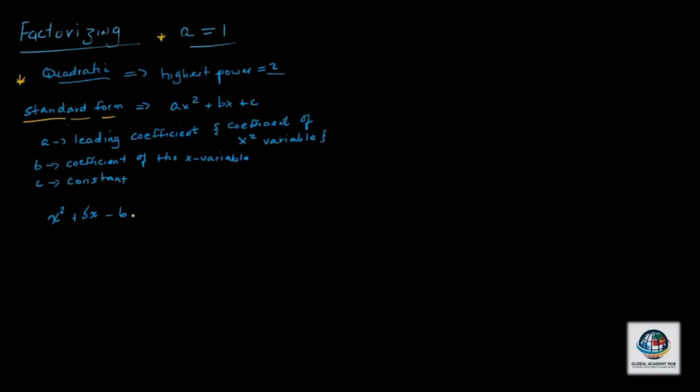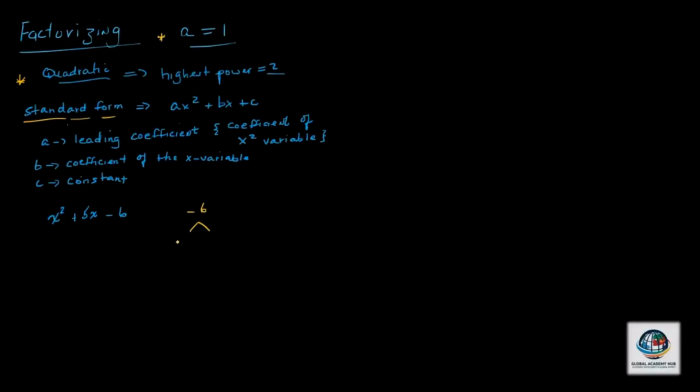So I'm going to say 1 times minus 6. And I need two numbers, which we call factors, that multiply to give me C, or minus 6, and add to give me B, which is positive 5.